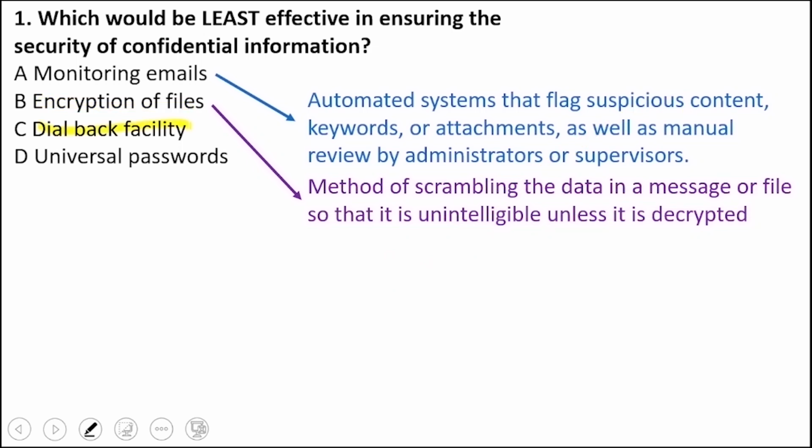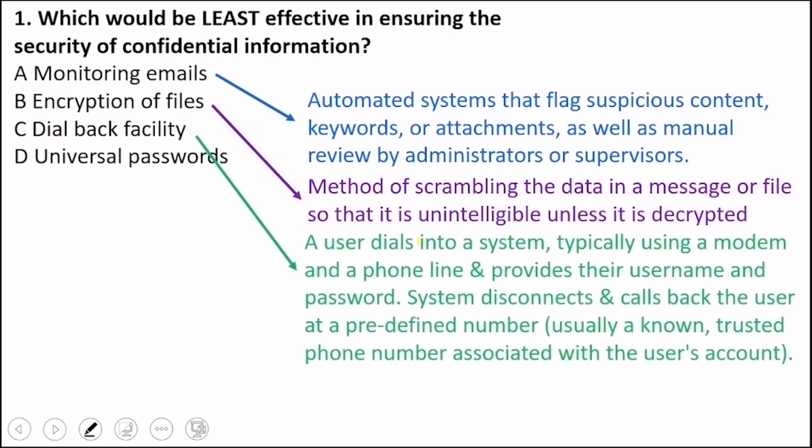The third option, dial back facility. A user dials into a system, typically using a modem and a phone line, and provides their username and password. So the system immediately disconnects and calls back the user at a predefined number.